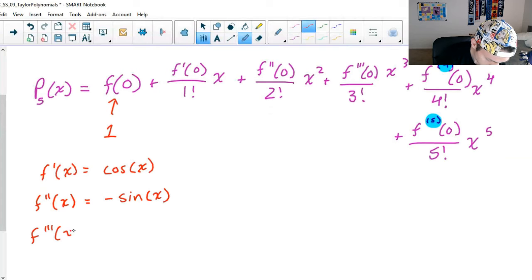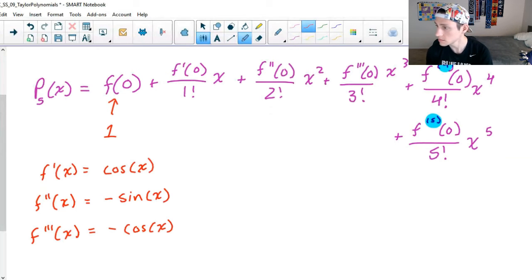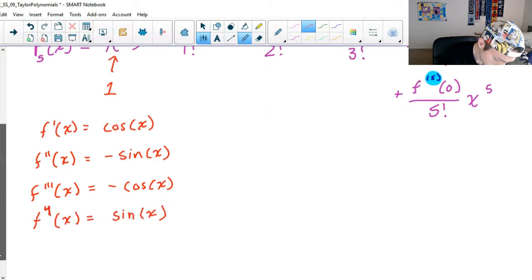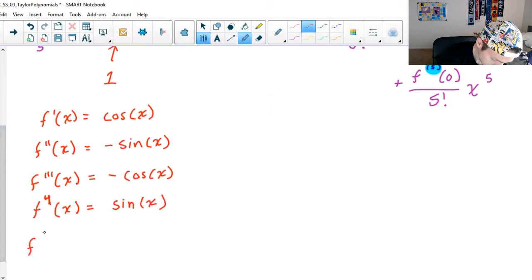F triple prime, negative cosine of x. The fourth derivative, positive sine of x. And the fifth derivative, cosine of x.